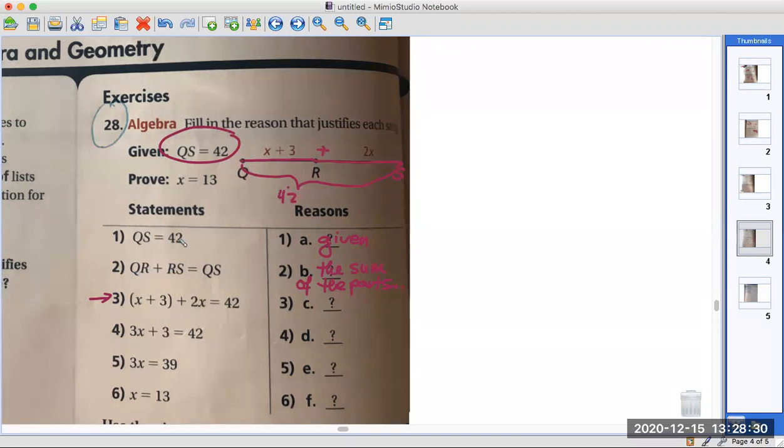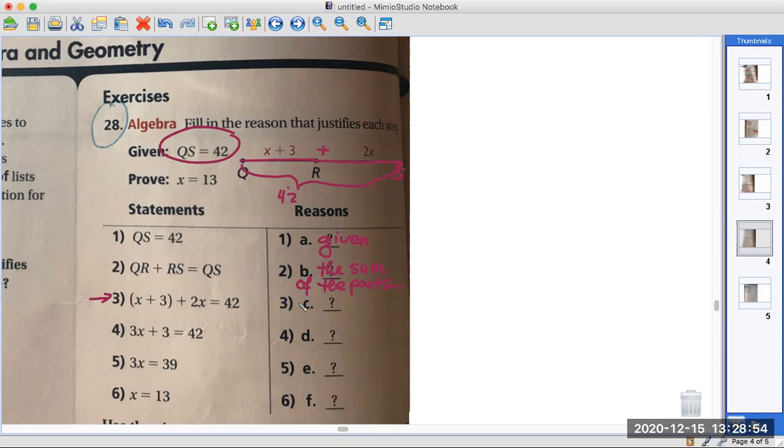QR plus, sum means plus, RS is equal to QS. Maybe there's a better property name for it, which I don't know. Maybe there is one and I'm not aware of it. I always call it the sum of the parts is equal to the total.